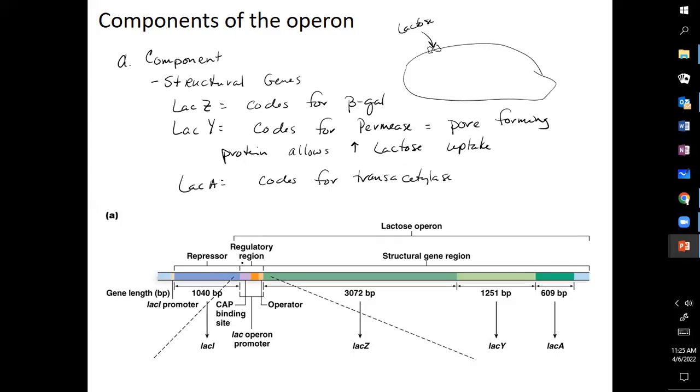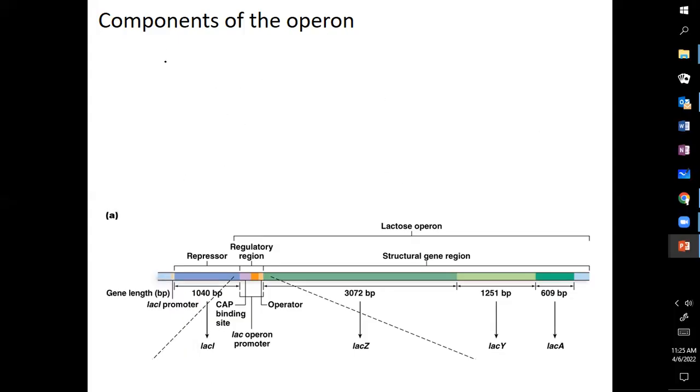But we also have our DNA regions involved. So DNA regions outside of these structural genes. Well, to have transcription, what must you absolutely have? The promoter region.